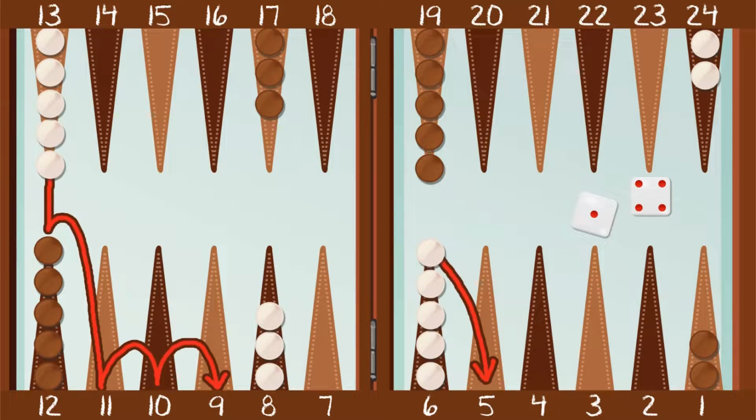Conventional wisdom said that if, on your opening play, you rolled a 4-1, you would do a strategy called slotting. So you would move your white checker over here 4 slots and your 6 to the number 5. And what you're trying to do there is, as your checkers are moving counterclockwise for white and clockwise for brown, you want to put a checker here because then your opponent's going to go and they're going to roll.